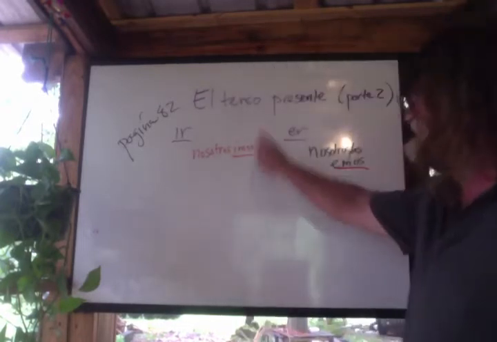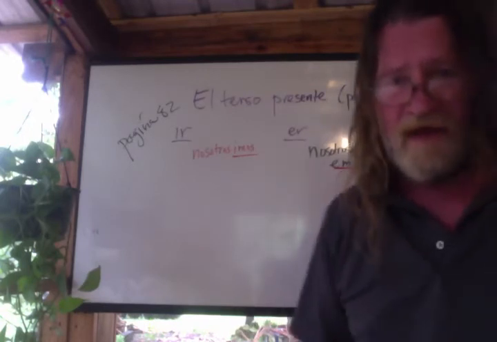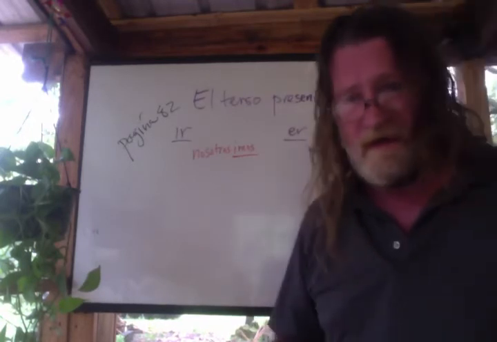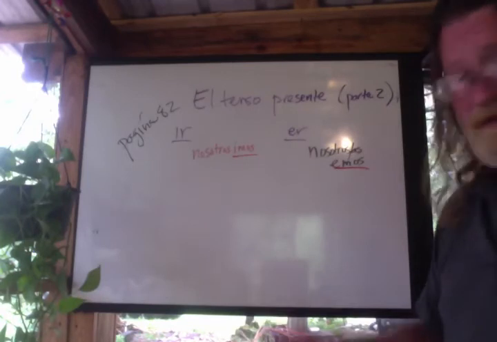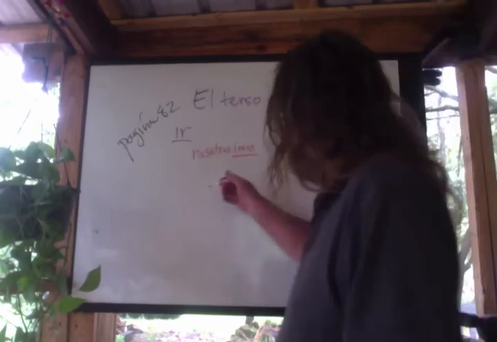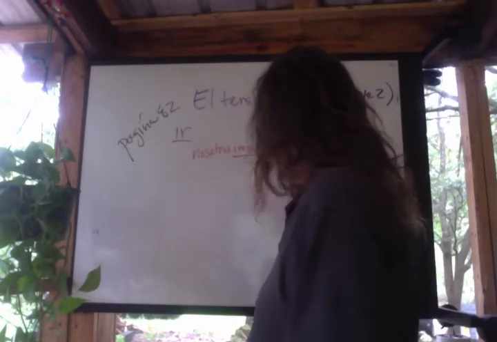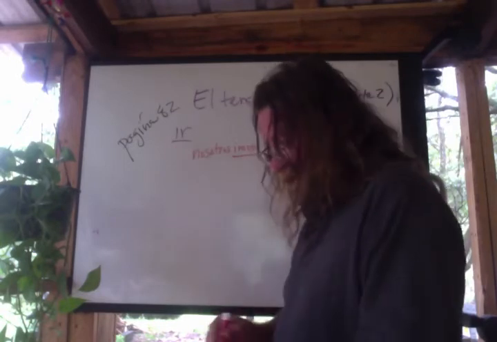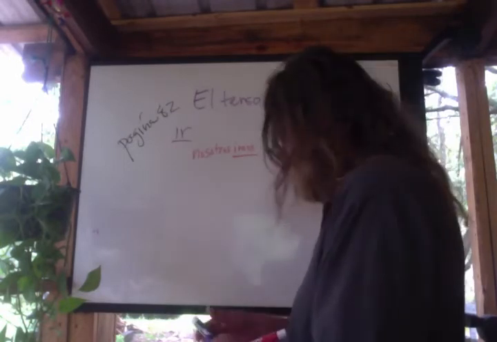So once again, you drop off the IR or the ER, and then you use these other things to add on to make the verb say what you want. So with IR verbs and ER verbs, the rest is all the same.